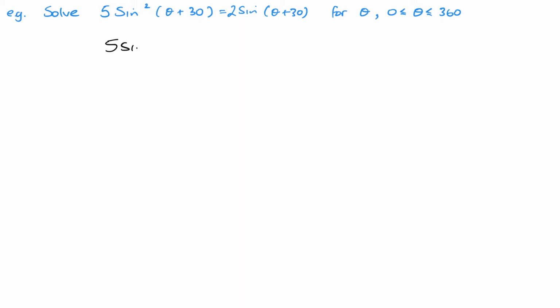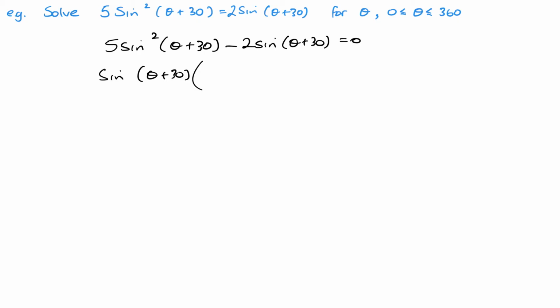So let me show you how you should be approaching it. For this type of question, I'm going to take everything to one side, so making it equal 0. Then I'm going to factorize. Maybe I should have used a more straightforward question first.